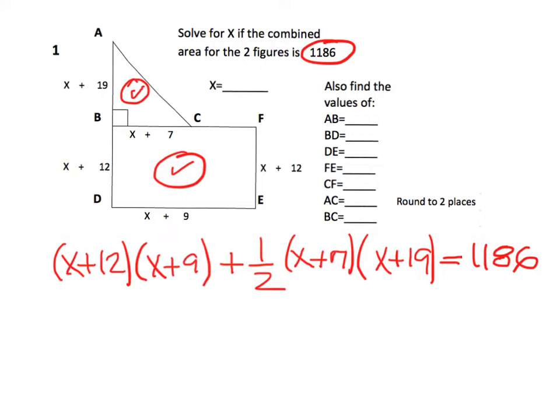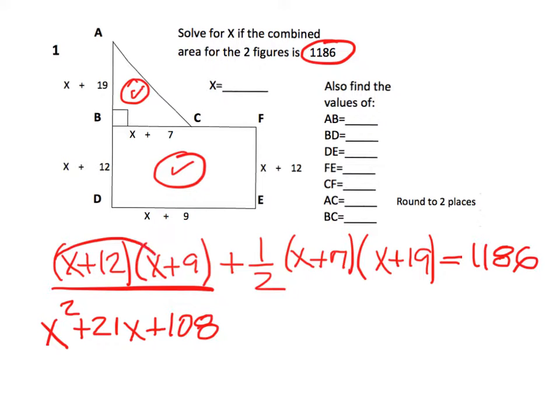Now obviously you have to simplify this stuff. So let's multiply these together here to come up with x squared plus 21x plus 108. Remember, it's x times x, and then for the back side, 12 times 9 for the 108, and to get the middle, you have to do the outsides added with the insides, multiplied together. 9x, 12x is 21x.